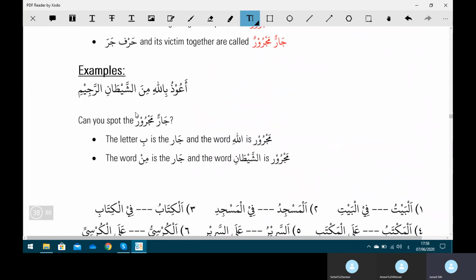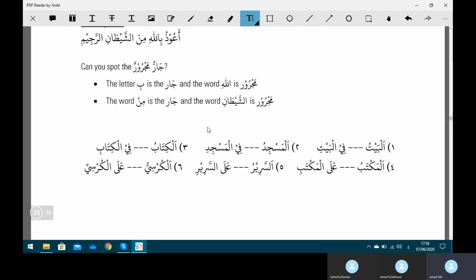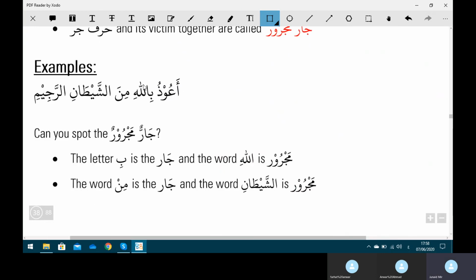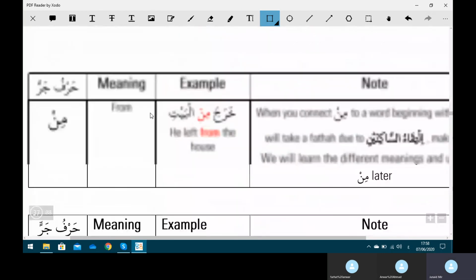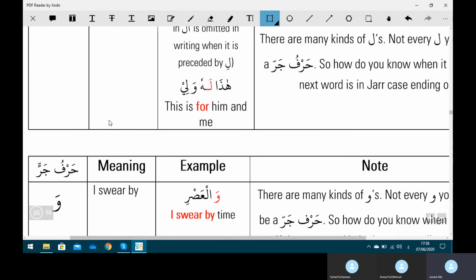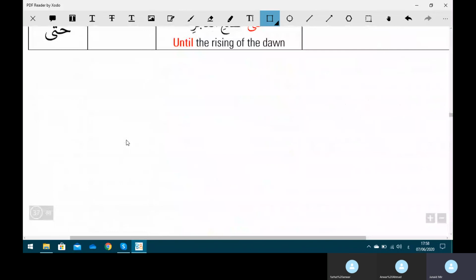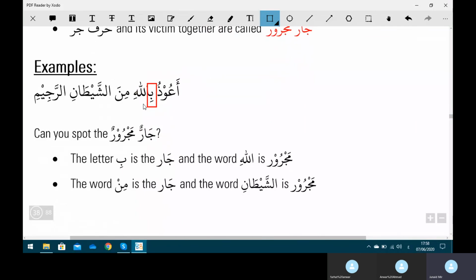So this is something for you to do, which is, can you spot the jar and the majroor? So example, A'udhu billahi minash shaitanir rajim. The letter B is the jar, i.e. the B over here. B is a harf jar. That was the first one we did. Over here, B. And notice it's billahi.